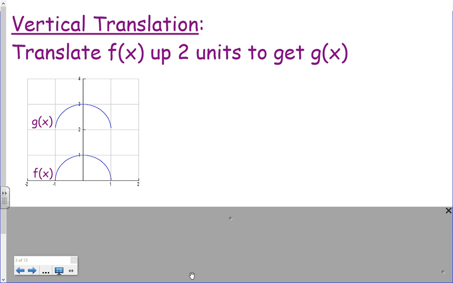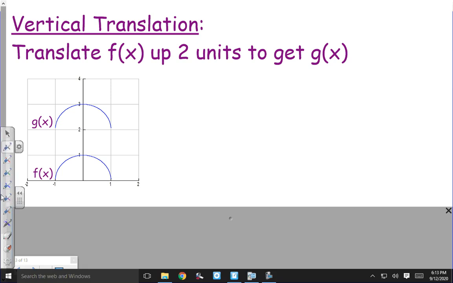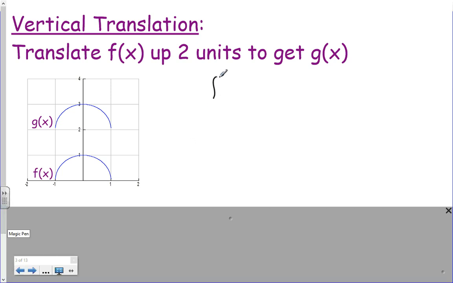Well, to do that, let's create a table of values for us to work with here. We're going to write down what is happening on function f of x and what's happening with the corresponding points on function g of x, and use that to help us understand how to go from f of x to g of x. So let's pick the 3 key points here.